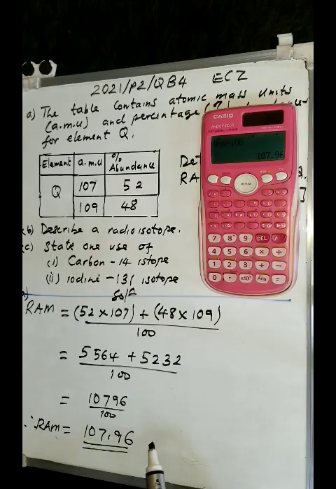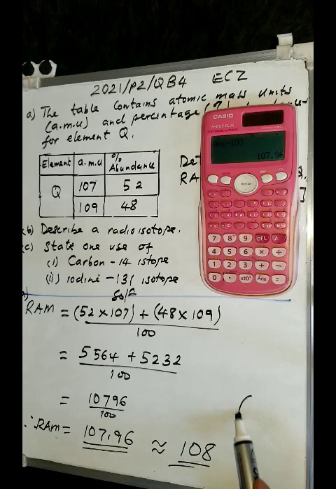So you can round it off. If you basically round it off there, it is going to give you a 108. So on the periodic table, if you are told to identify what type of element it is, you just go to the periodic table and check which one has got the RAM of this one. For example, they told us element Q. It simply means that on top it should be 108.